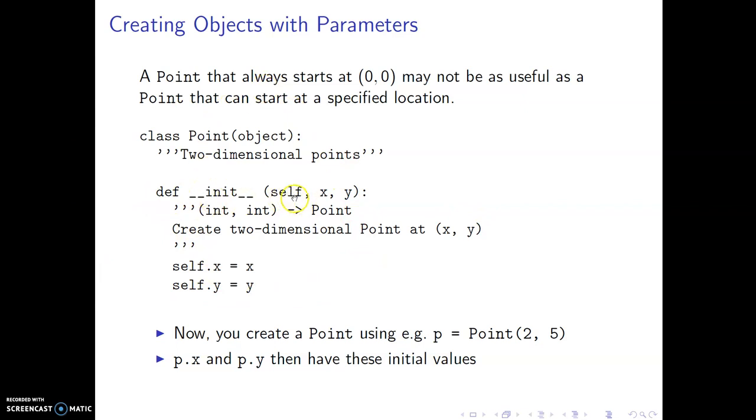Instead of just having the object self, though, that is that local variable for the object that is of class point, we also have the coordinates x and y. So then it automatically defines those. I forgot to put the 1 here, but you can create a point just using a statement like this. My initial points are going to be the coordinate x equal 2, y equal 5. Then p dot x, p dot y will have those values 2 and then 5.